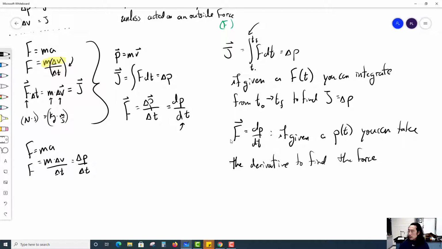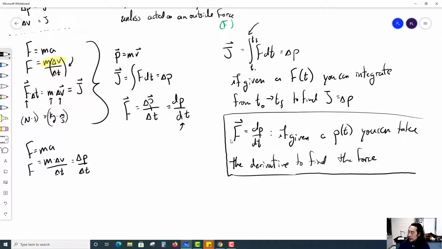So keep these two in mind. If you're not too savvy with the calculus, as long as you have this down in your notes, you can probably solve any and all the problems pretty easily.